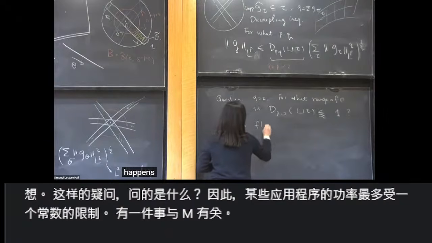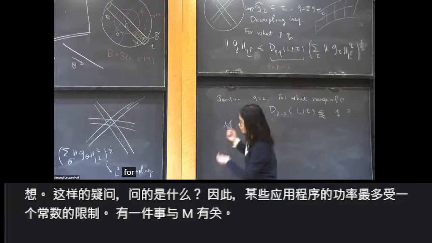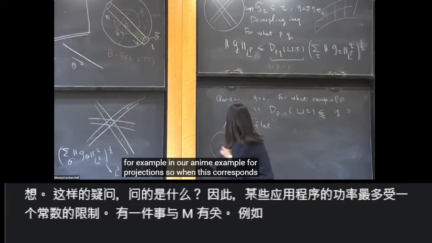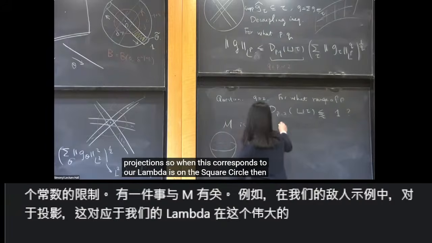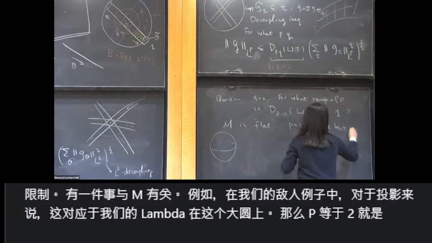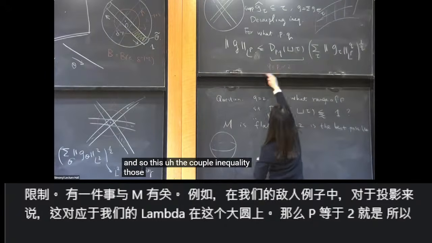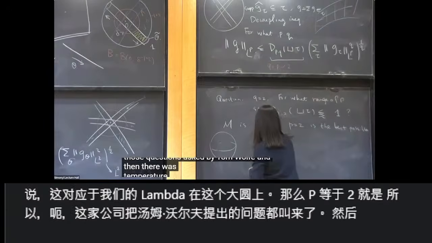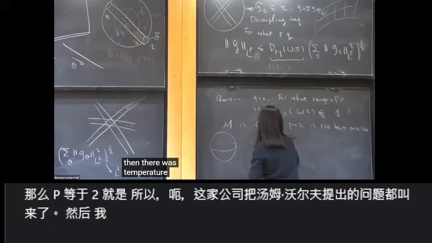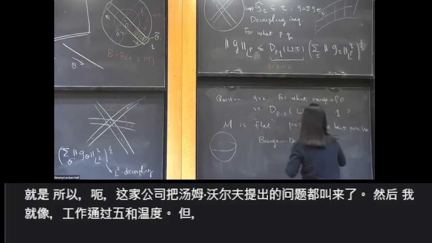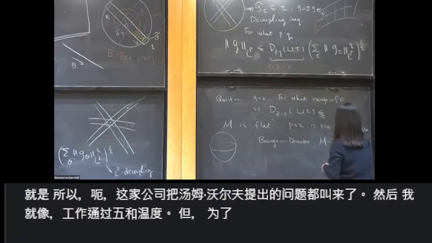For example, in our enemy example for projections, when this corresponds to lambda being on this great circle, then p equals 2 is the best possible. And this decoupling inequality, those questions were asked by Tom Wolff, and then there was a breakthrough by Bourgain and Demeter, where they proved it for M to be a paraboloid.